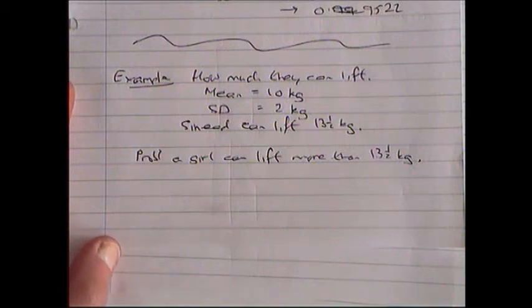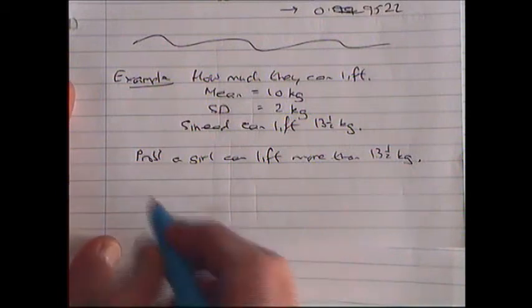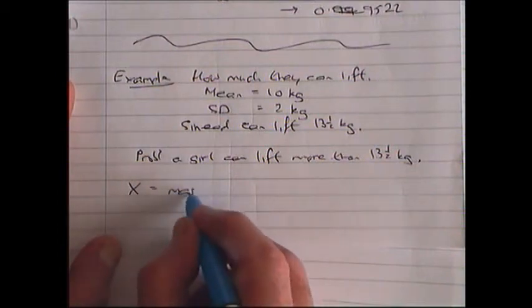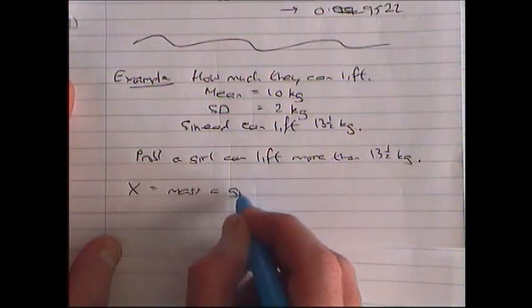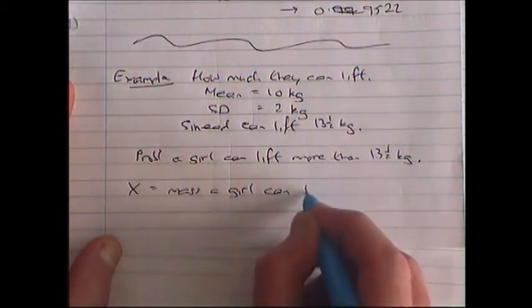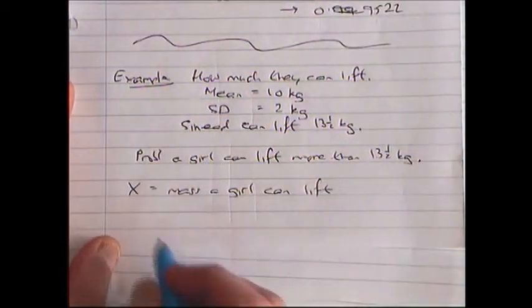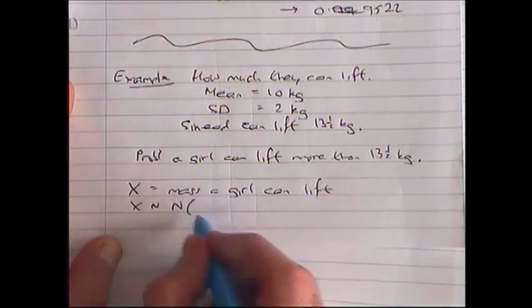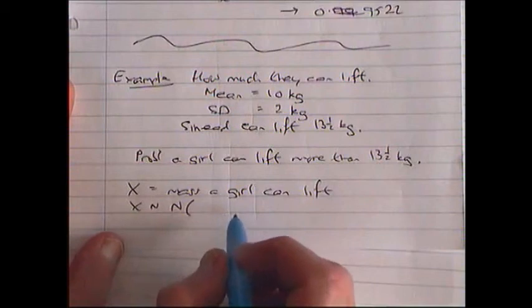First thing we need to do, we need to define our variable. X is what you normally use, and that will be the mass a girl can lift. We are going to assume that X is normally distributed. And what do I write down in the bracket?